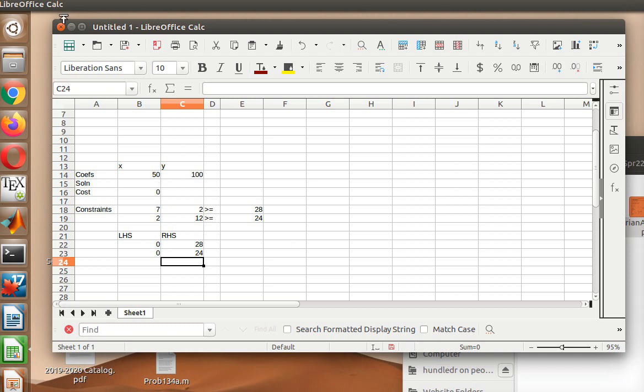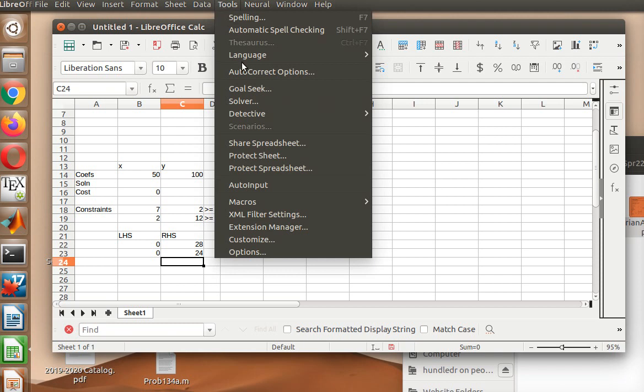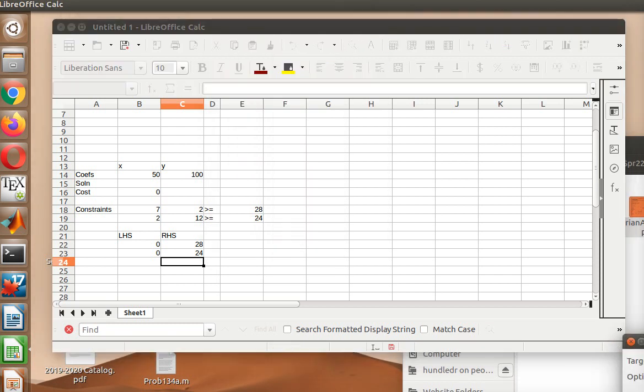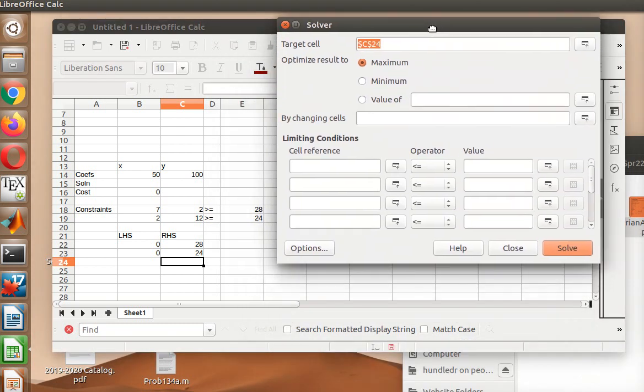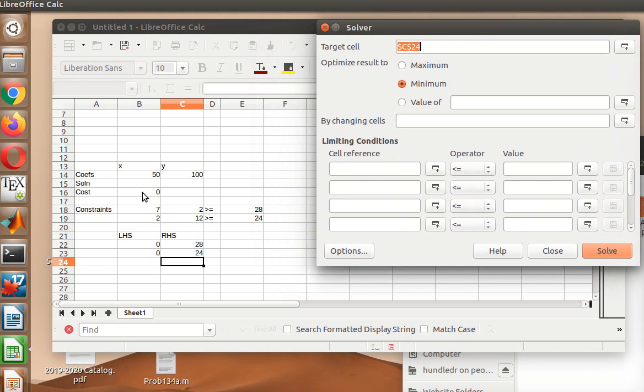So what are we trying to do here? Let's take a look at our solver now. Tools, solver, and let's see what things we have here. So we're going to optimize the result to a minimum, and it's going to be by changing the target cell. Where's my target cell? My target cell is the cost function, right?